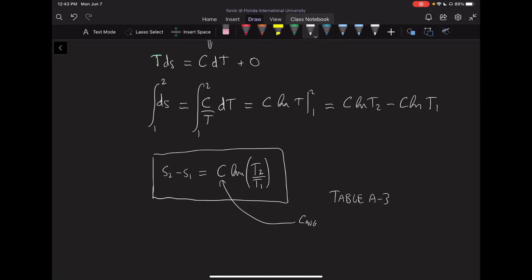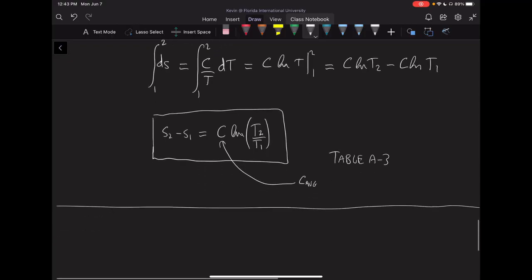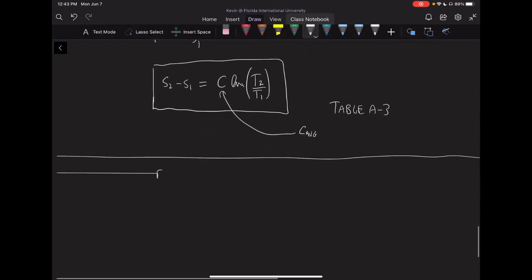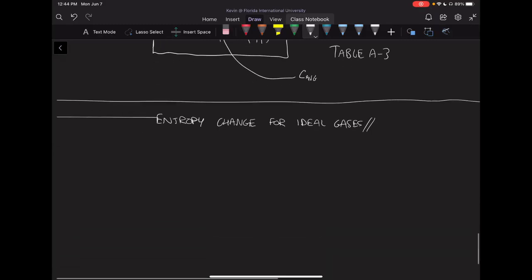Now that we have an equation for solids and liquids, let's look at what we can do for entropy change for ideal gases. And for ideal gases, we can't really use this assumption that Cv is equal to Cp is equal to C. So we actually have to separate them, and we're going to come up with two different relations that we can use.